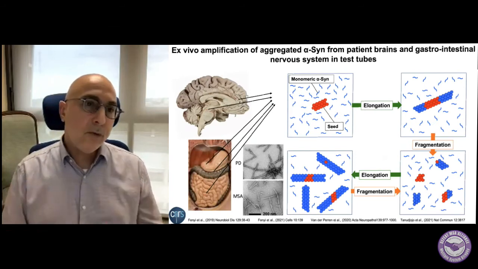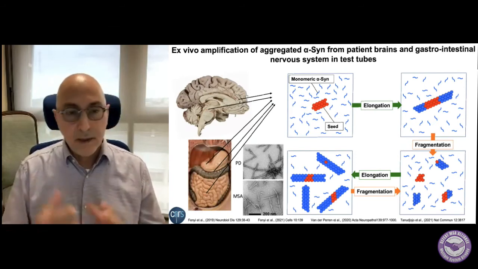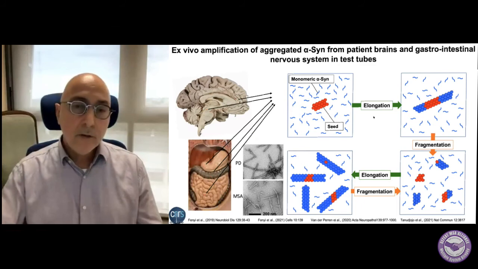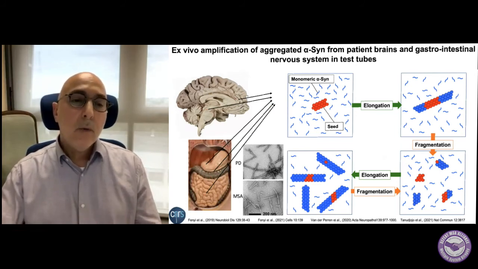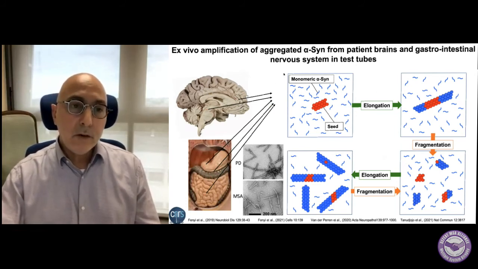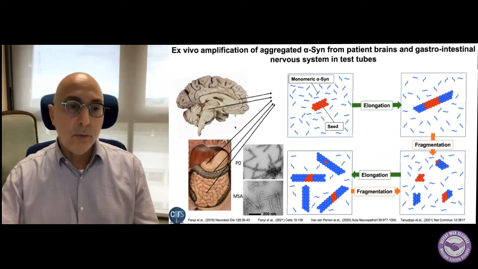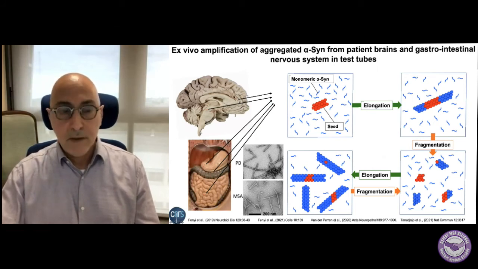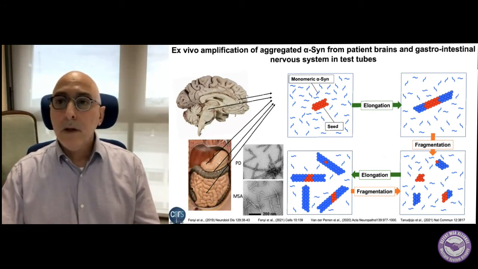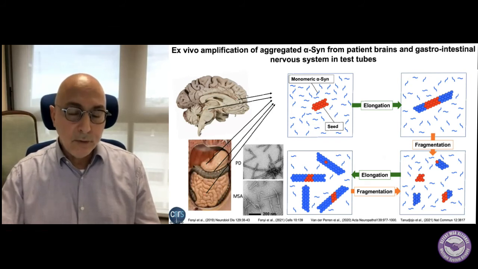So all this is sort of artificial and made in model animals. So we next ask the question, is this what we have in the brain of the patients? To answer the question, we established an amplification method in test tubes where we use aggregates from the brain of patients or from their gastrointestinal nervous system.